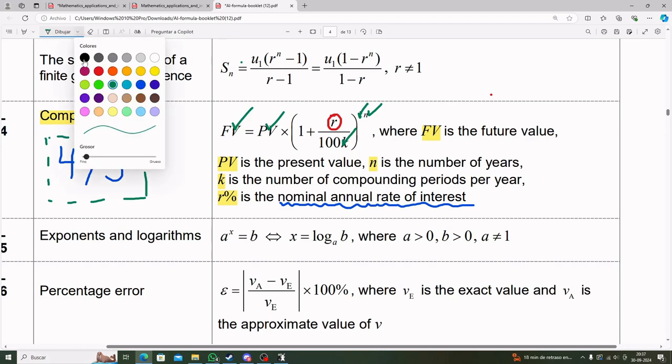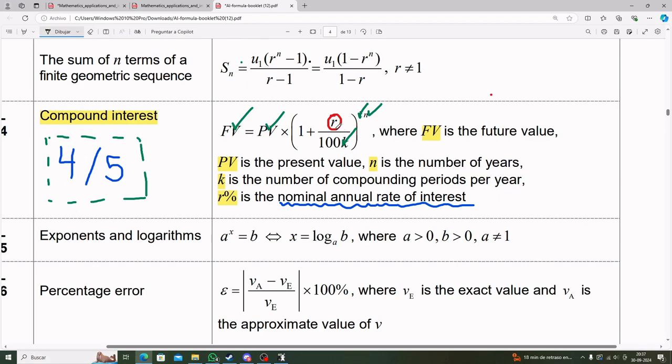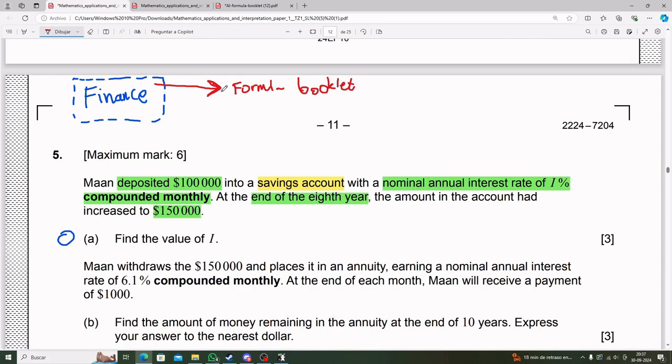You can reach R equals an actual number. These exercises, you always get 4 out of 5. And your two main tools, as I was saying, are the formula booklet or the finance app, which comes in your graphing calculator.